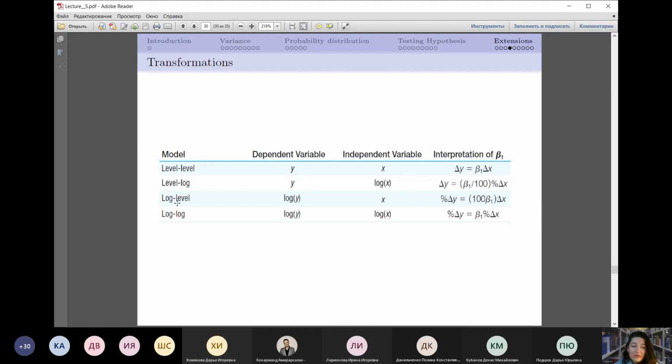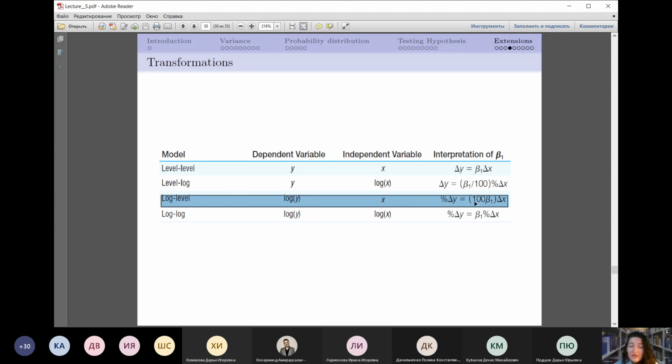For example, let's take a look at this model. When you use a dependent variable with log transformation, you check the distribution of y and decide to log transform this variable, but your independent variable is the original variable without any transformation.